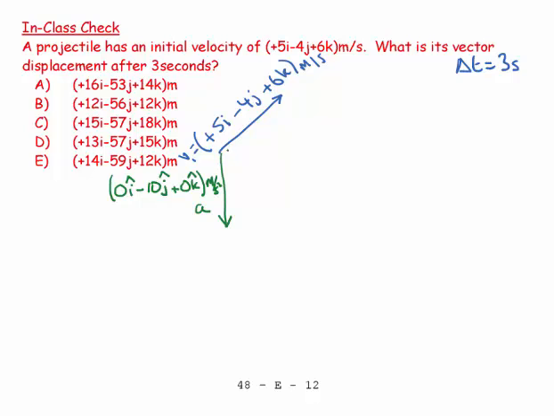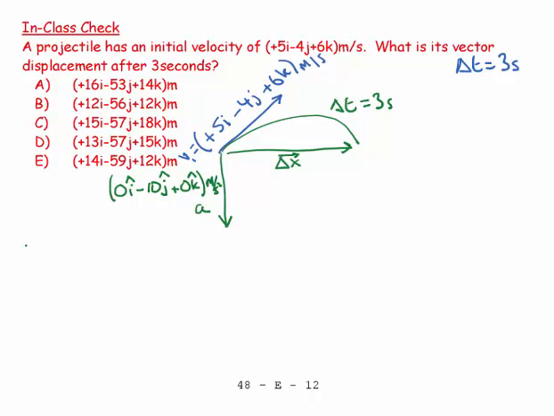And I can visualize now, so now I have some kind of change, there's my delta t equals 3 seconds, and now it's not asking me for my final velocity, it's asking me for my displacement. So there's my displacement, and that's a vector.